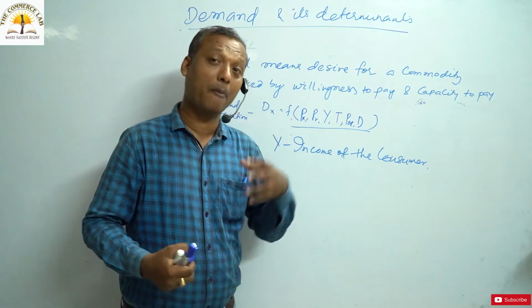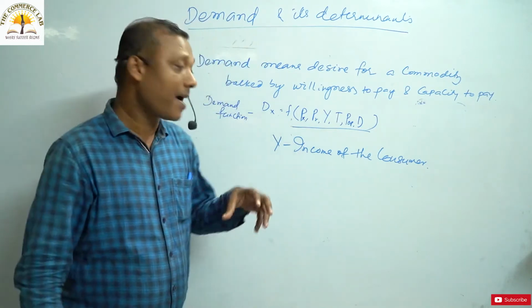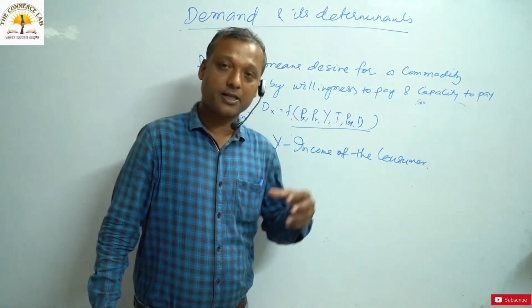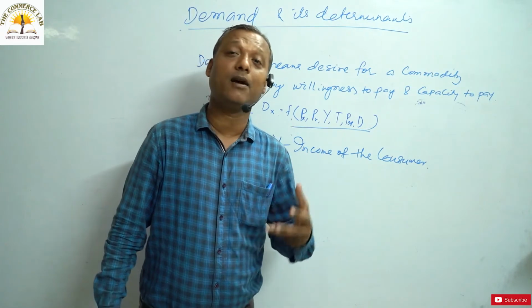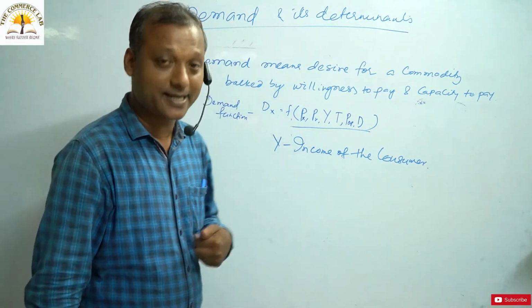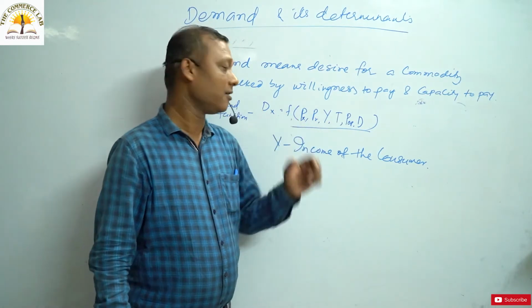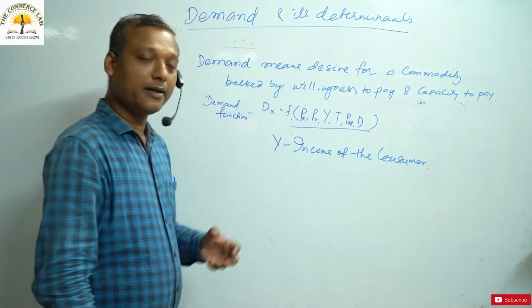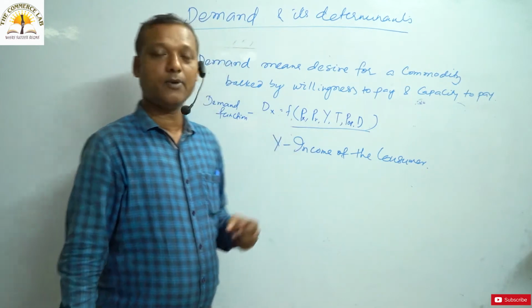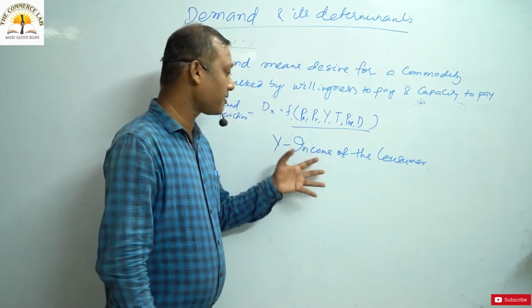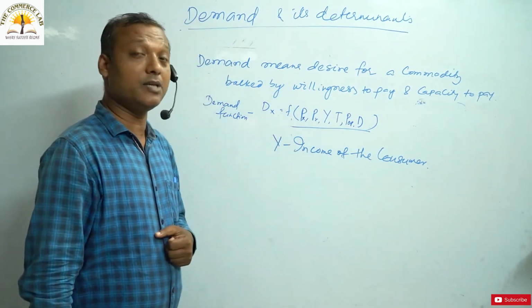It means our capacity to purchase, our capacity of demand, depends on the income, how much we get. This is the main important factor that determines demand. When you go to the market, the purchase of the commodity depends on the income of the consumer.